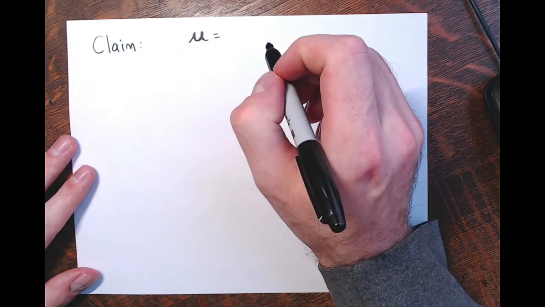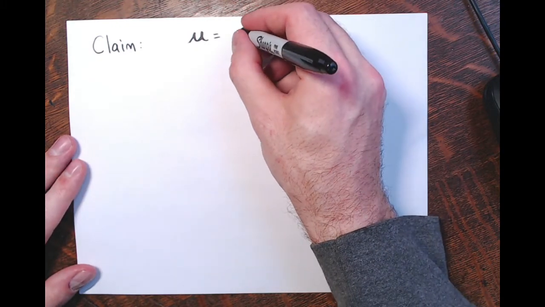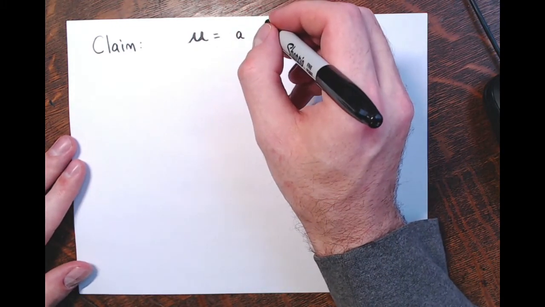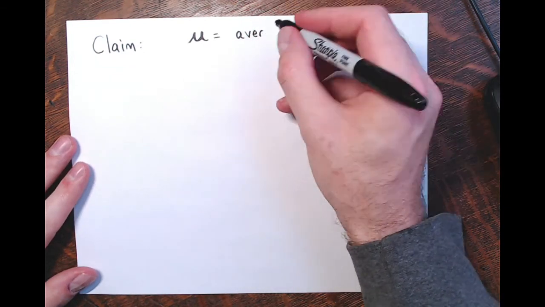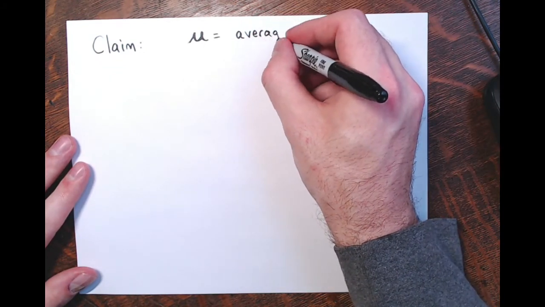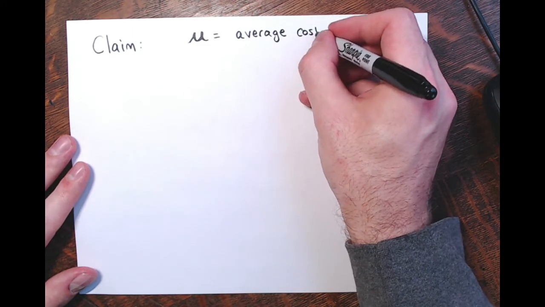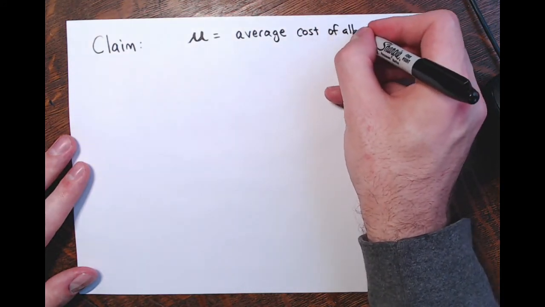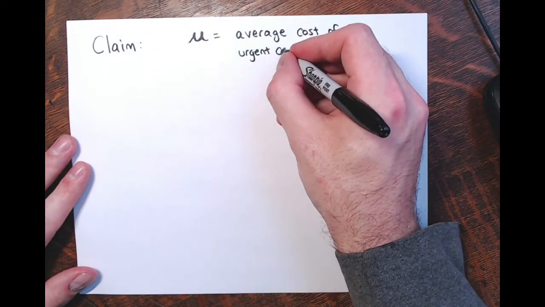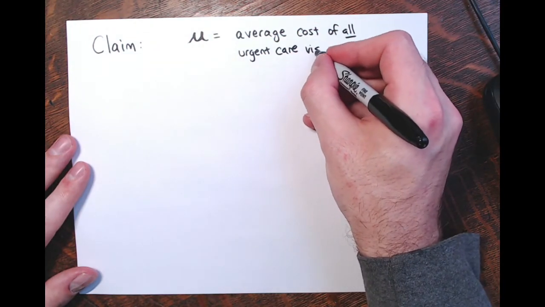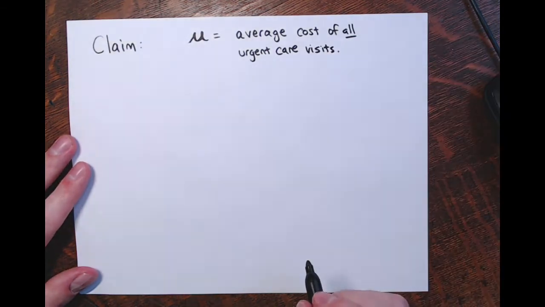I'm going to have mu be the average cost of an urgent care visit for the entire population. So the average cost of all urgent care visits. So that's what mu represents.